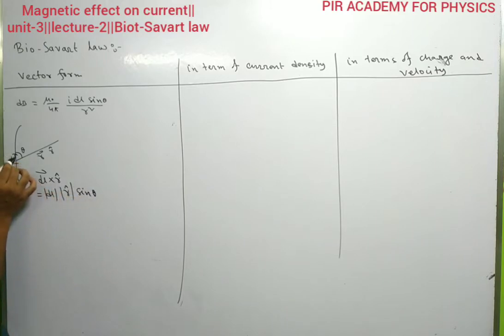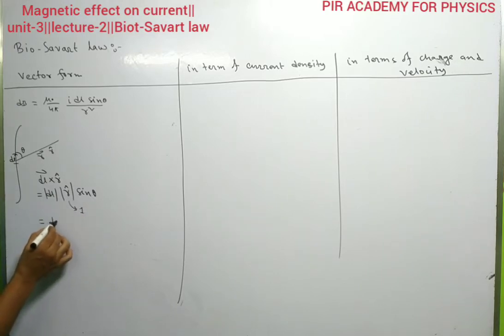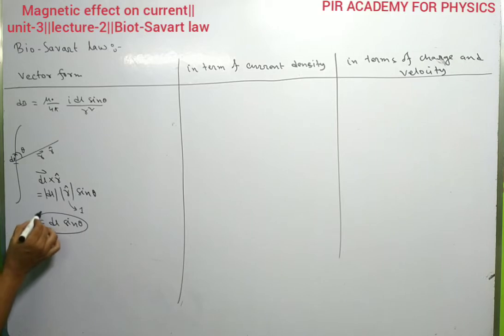The angle between dl and r unit vector is theta, and the magnitude of the unit vector is 1, so it will be dl sine theta. So we can replace dl sine theta by dl cross r unit vector.